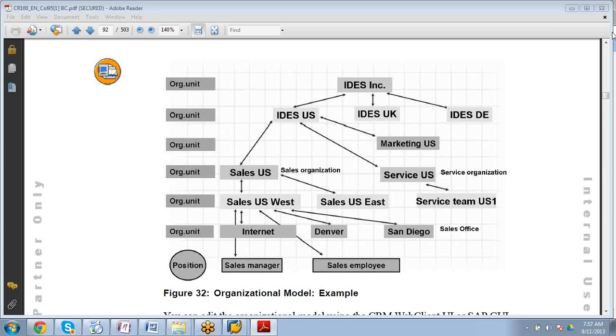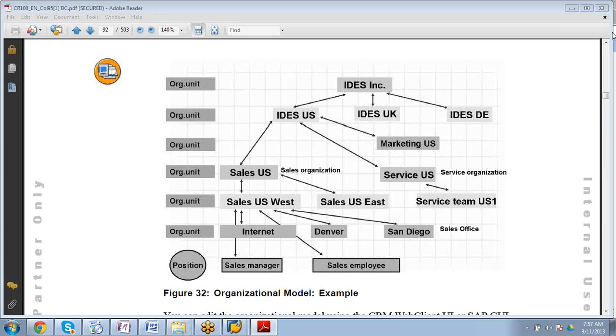Yes, sir. So do remember, sales organization may be your highest level of thinking. But why do we represent these things in the system? Because multiple teams are working from multiple locations.